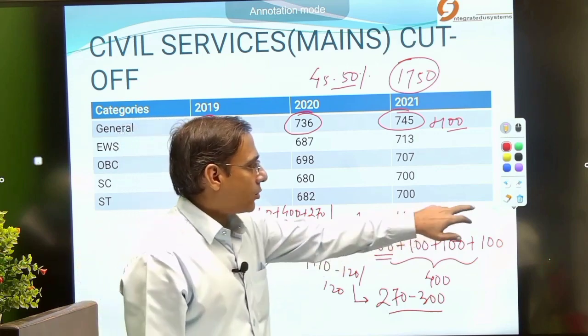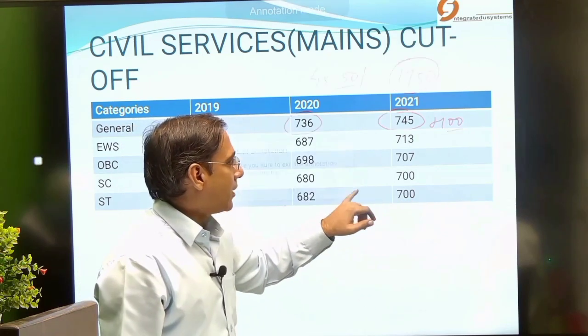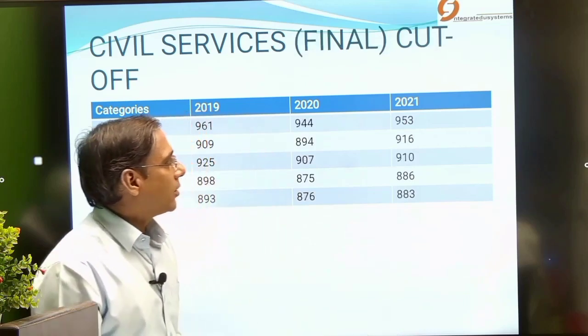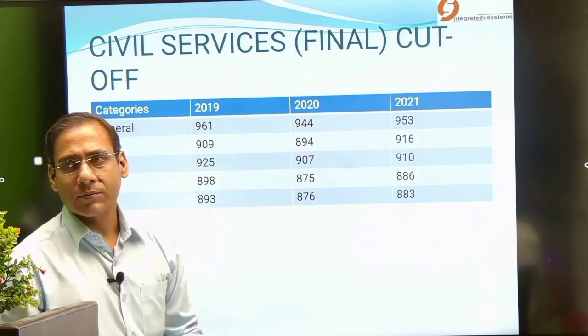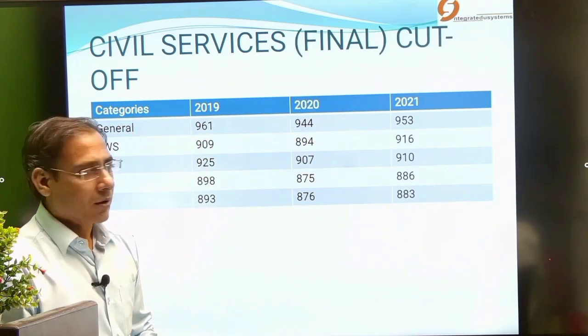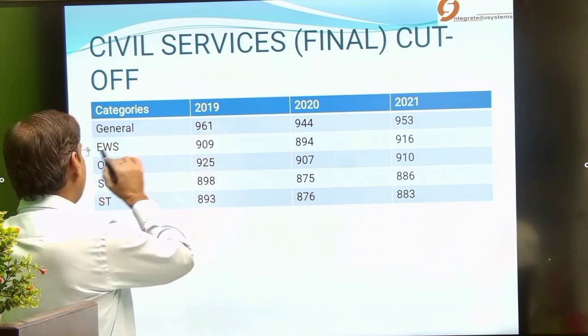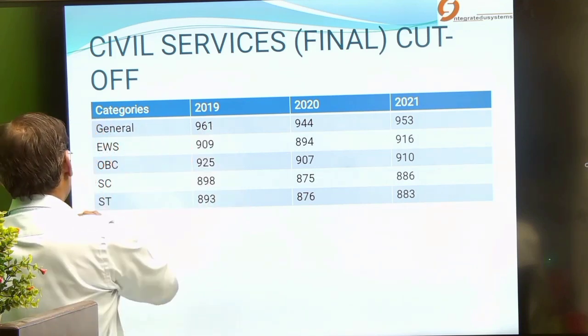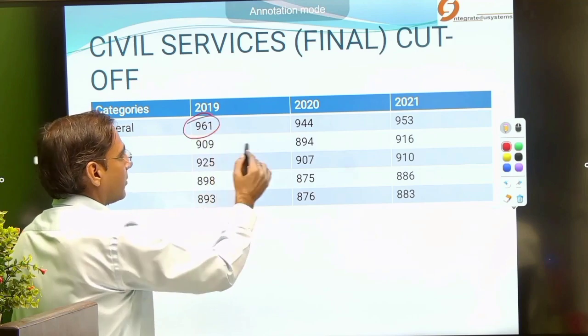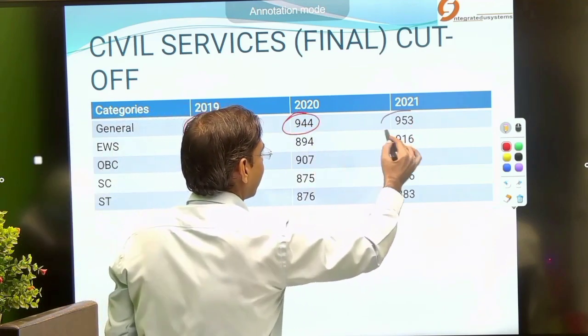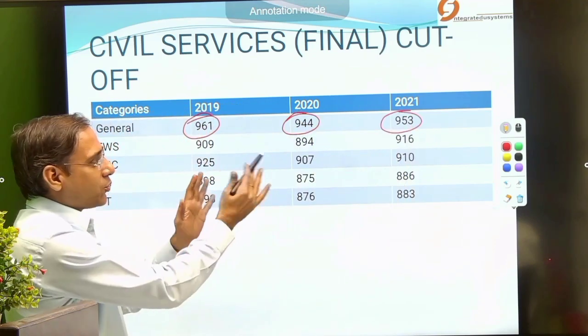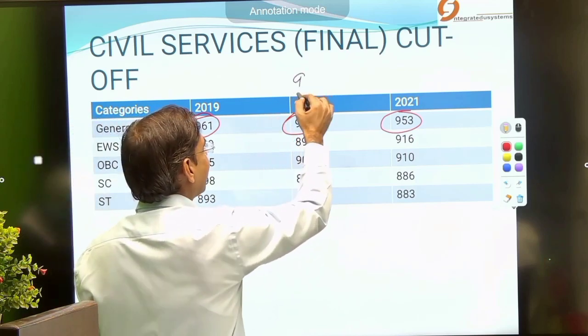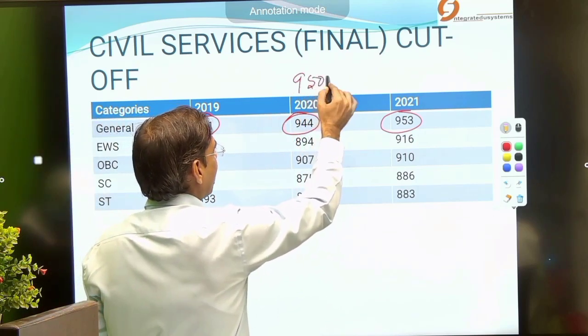Why am I saying this? Because look at the final score of this year. This is the final cutoff. For the general category, the final cutoff in 2019 was 961. So it fluctuates between 950 to 960.